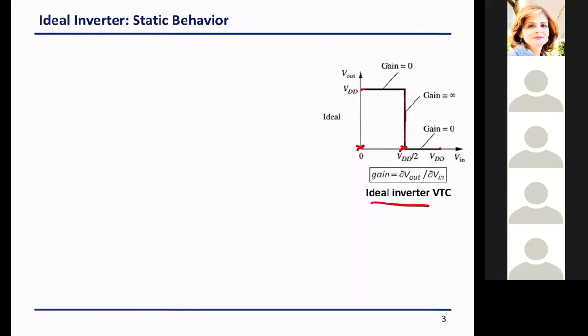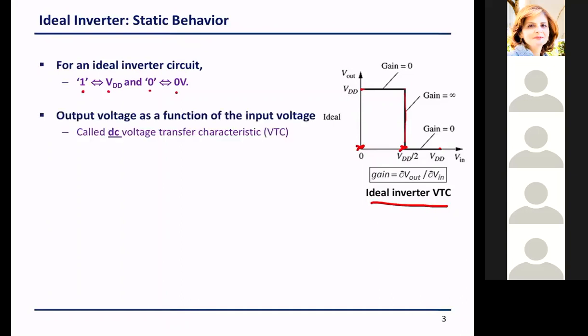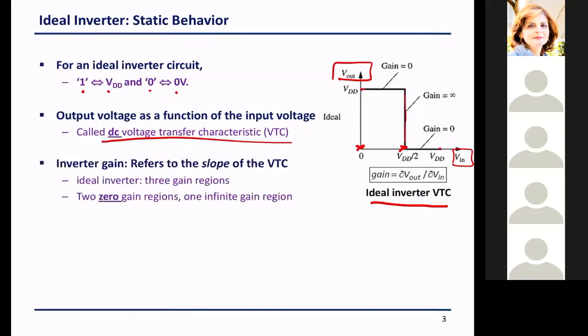This would be the ideal inverter characteristics. Here we say that logic 1 is VDD and logic 0 is 0 volts. This is called the VTC, the DC voltage transfer characteristic, that plots Vout as a function of Vin.